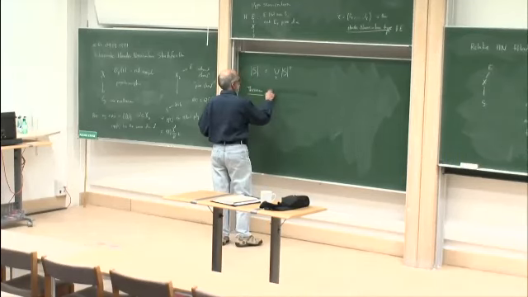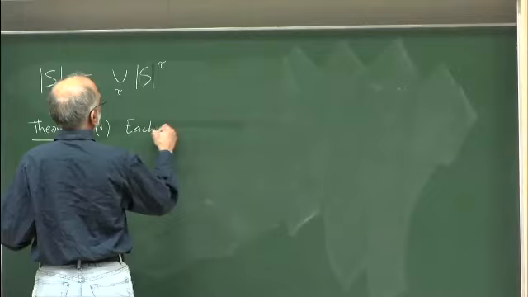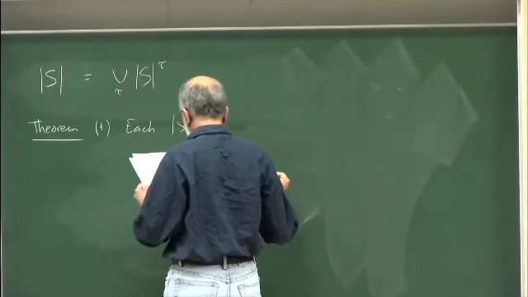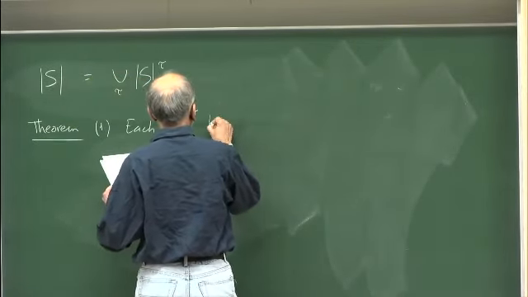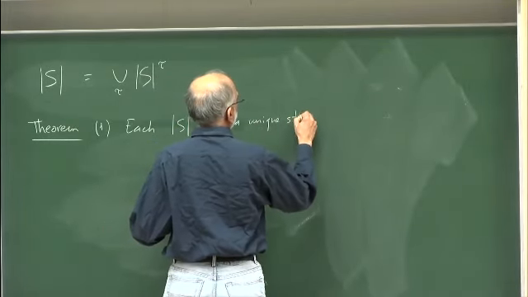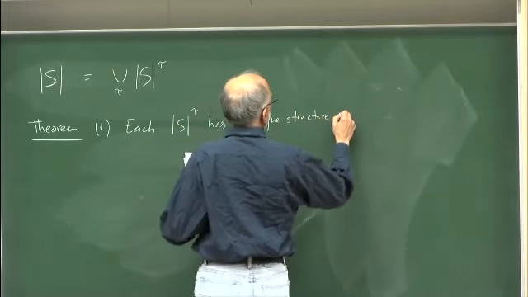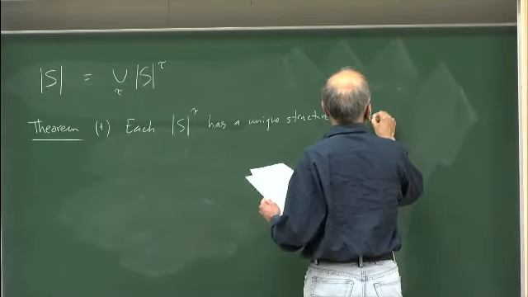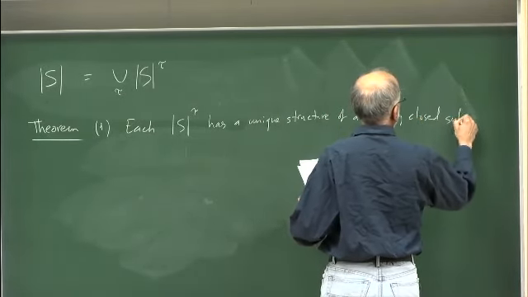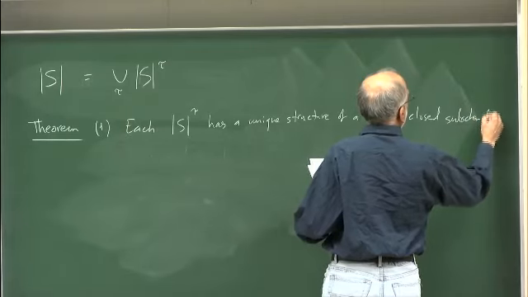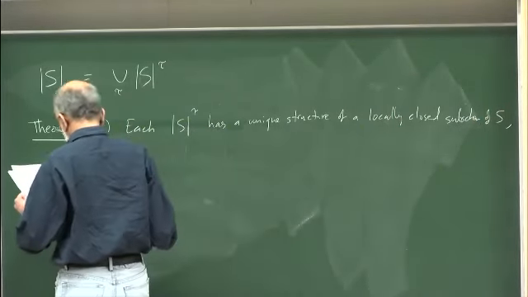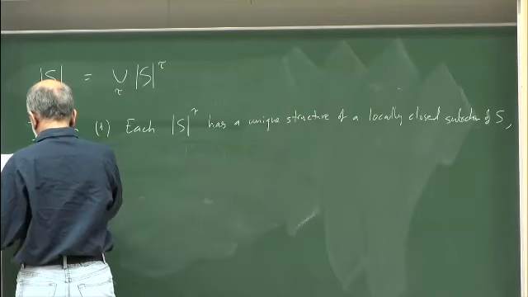So, first statement is each topological stratum has a unique structure of a locally closed subscheme of S with the following universal property.